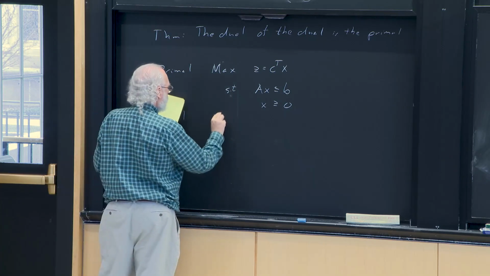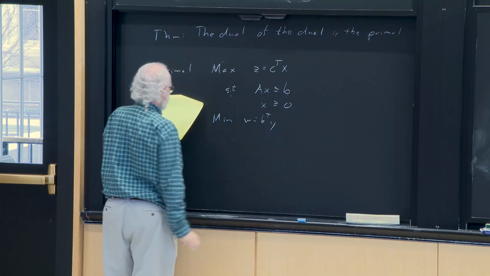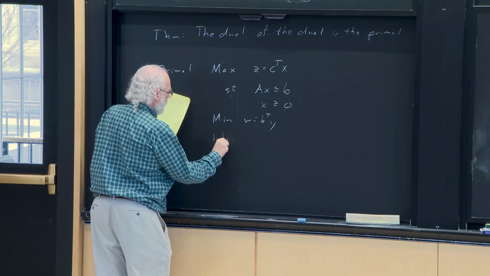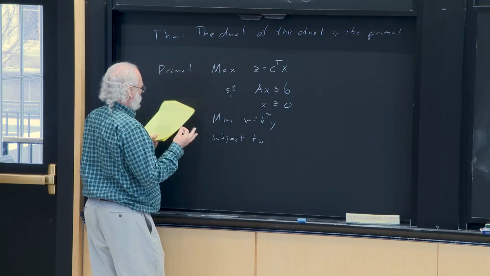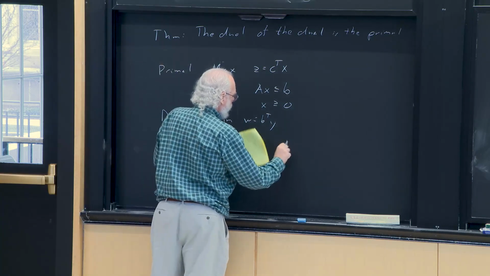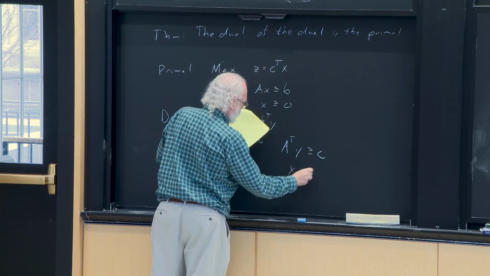Now the dual is the minimum of W equals B transpose Y, subject to A transpose Y greater than or equal to C, Y greater than or equal to 0.